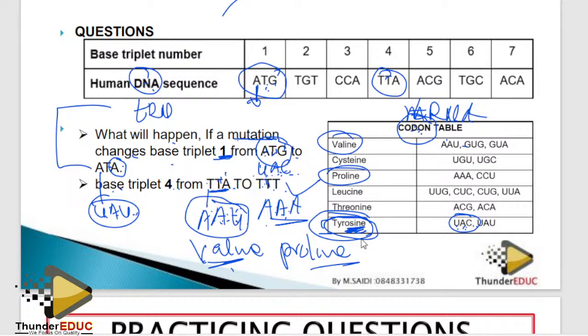That's the third scenario. In the first scenario, it might not change the protein, because the amino acids are coded by different codes, as we saw. In the second scenario, they can code for a different amino acid, meaning valine and proline, for example, therefore a different protein. Or they can ask what will happen if the DNA base sequence changes or the messenger RNA sequence changes.